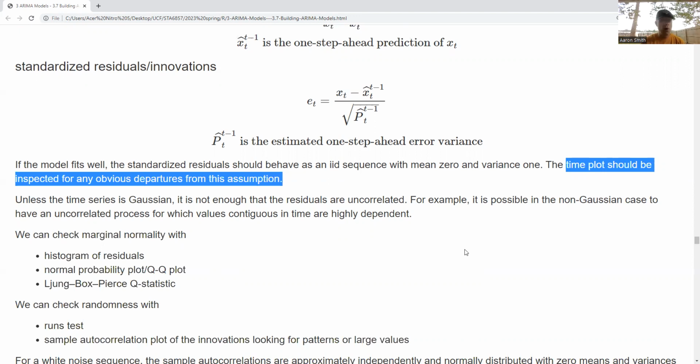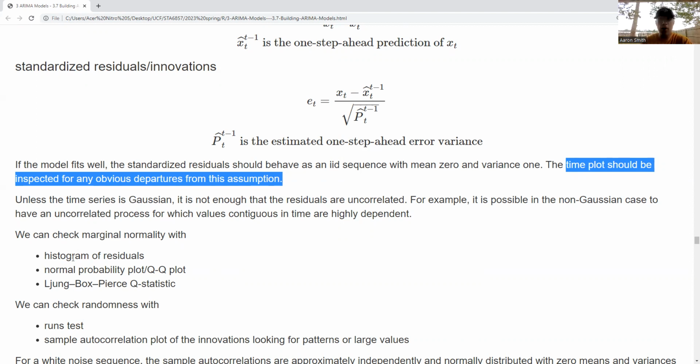So what the authors are driving at is that if I have Gaussian data, normally distributed data, and I have uncorrelated, then I also have independence. But if I don't have Gaussian data, if I don't have a bell curve, then uncorrelated is not enough to say independence. So we always need to be mindful of that.